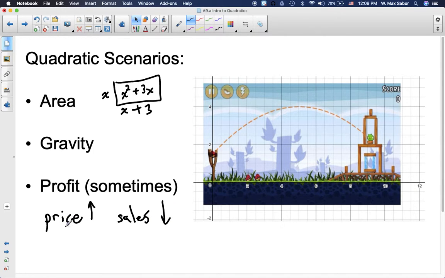Then as you increase the price, the sales go down, but you're still multiplying those two things together. So these are both linear functions. Price is a linear function, sales is a linear function. If they're both linear, then multiplying them together gives you a quadratic. These are the most common quadratics, but it is possible to have quadratics from other things.